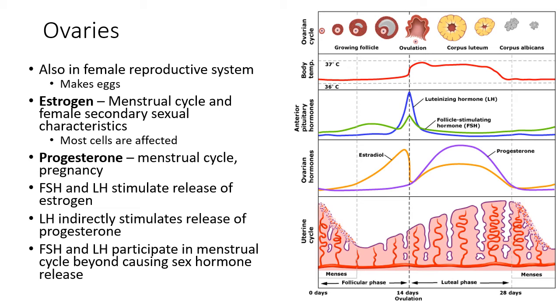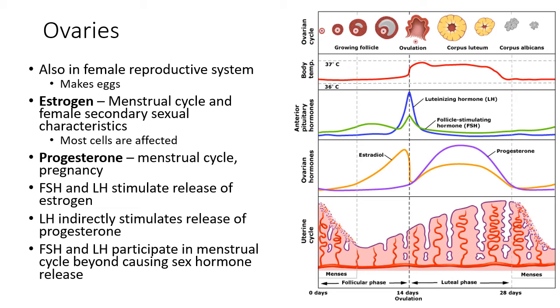Estrogen also, in addition to controlling the menstrual cycle, is responsible for the development of female secondary sexual characteristics. That would be stuff like the way that women have different hair growth patterns from men, the way that women are smaller than men and don't have as big of muscles.